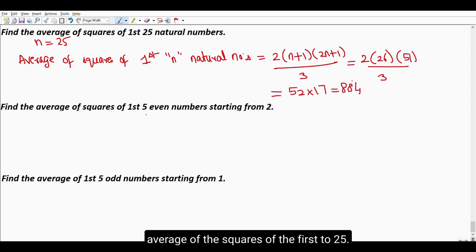That is, the average of the squares of the first 25 natural numbers will be equivalent to 884.